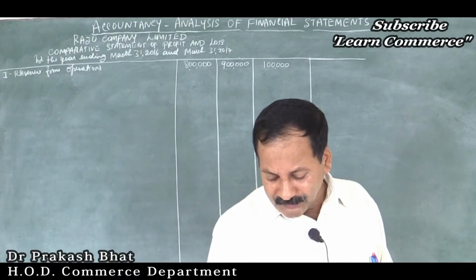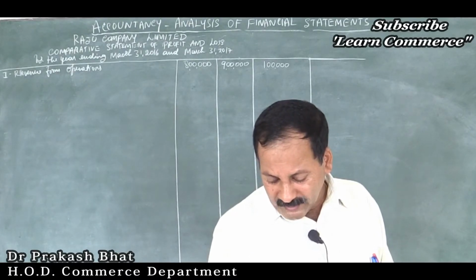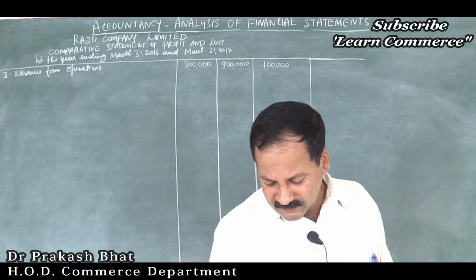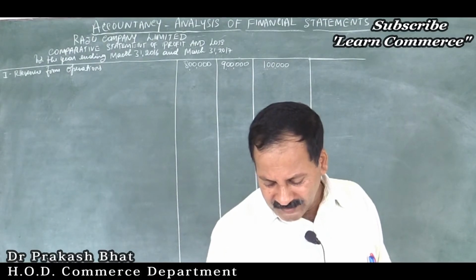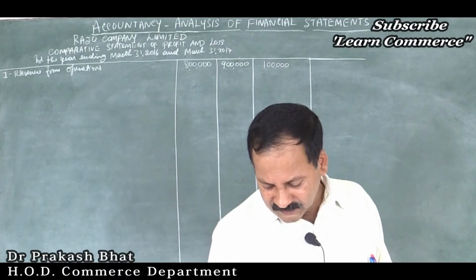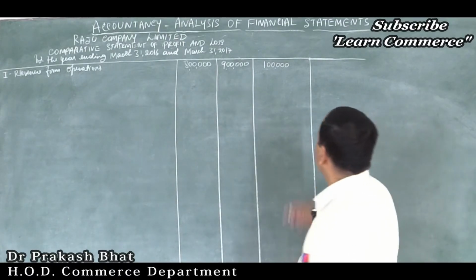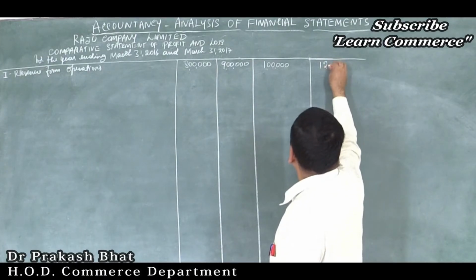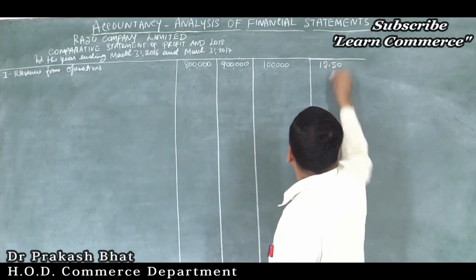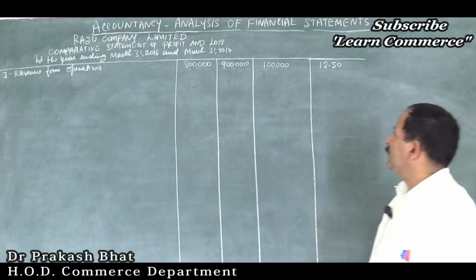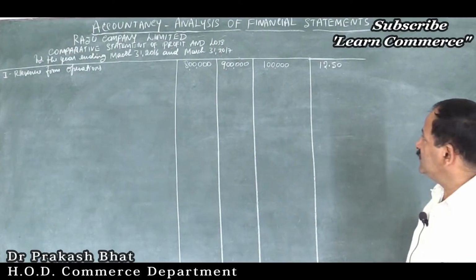So you have to do the calculations. 1 lakh into 100 divided by 8 lakh. How much is it? 12.5%. Is that correct? So write it as 12.50. 0 makes no difference, isn't it?